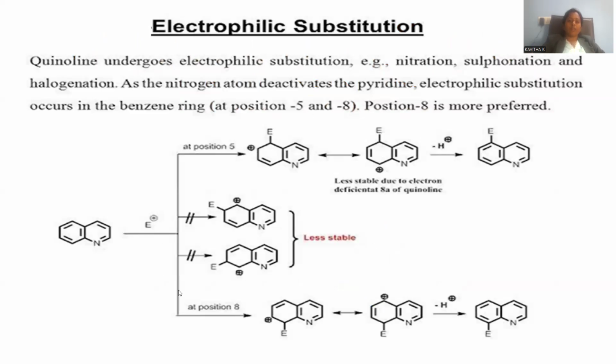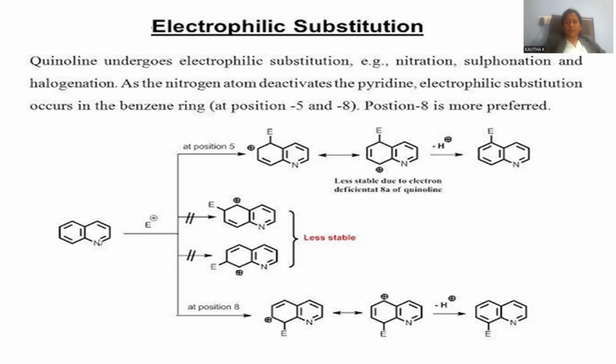Electrophilic substitution has various possible provisions: 2nd, 3rd, 4th, 5th, 6th, 7th, 8th. Though these many positions are available, there is a competing factor between the pyridine ring and the benzene ring as to where to substitute. The pyridine ring and benzene ring are competing over where the electrophile substitutes.